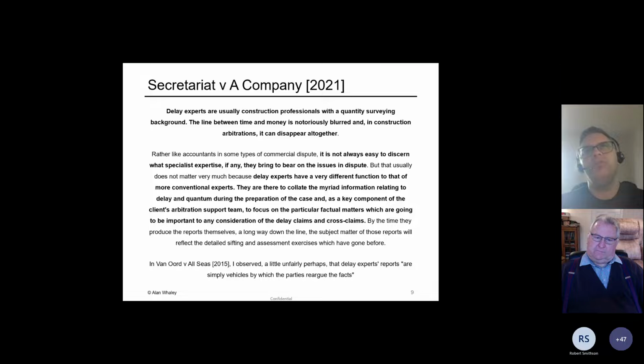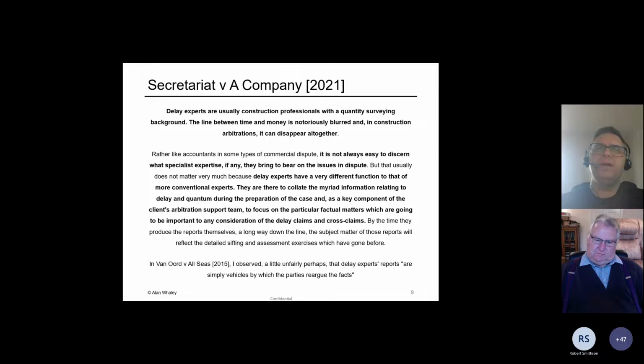They collate the myriad of information relating to delay and quantum during the preparation of a case. And as a key component of the support team for the arbitration, they focus on particular factual matters which are going to be important in considering the delay claims and the cross claims. So by the time they produce the reports themselves a long way down the line, the subject matter of those reports will reflect that detailed investigation.